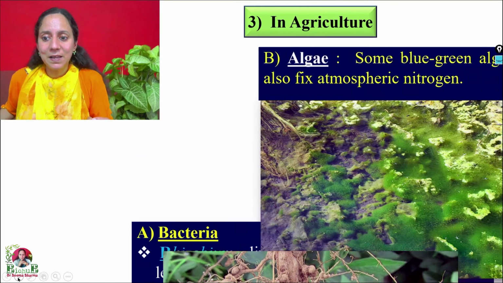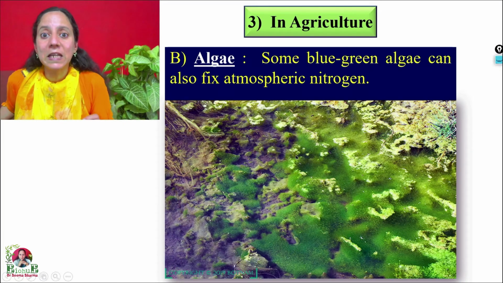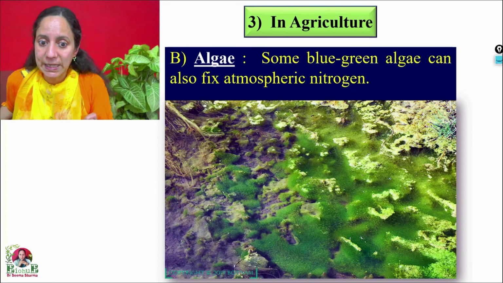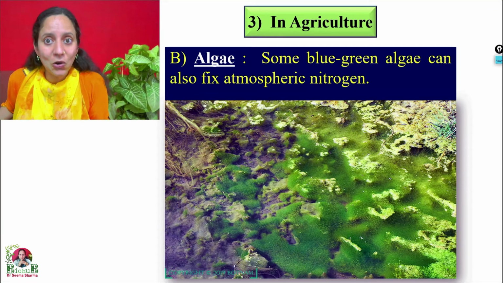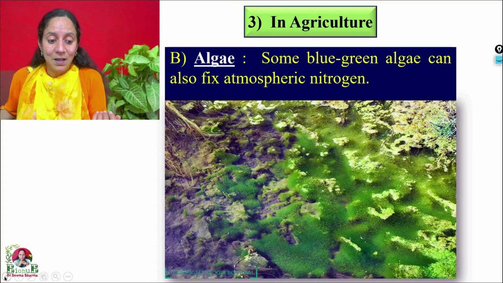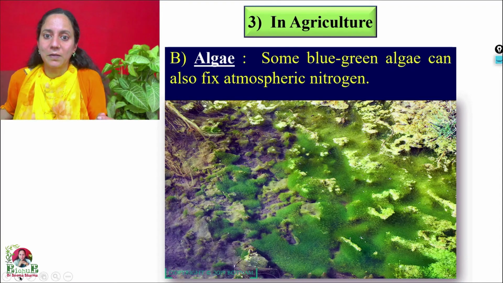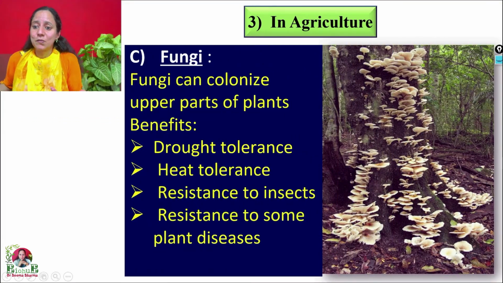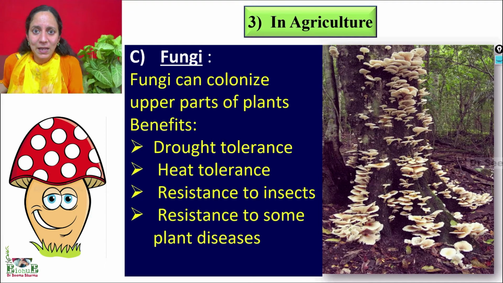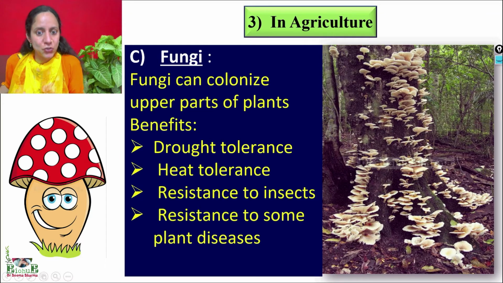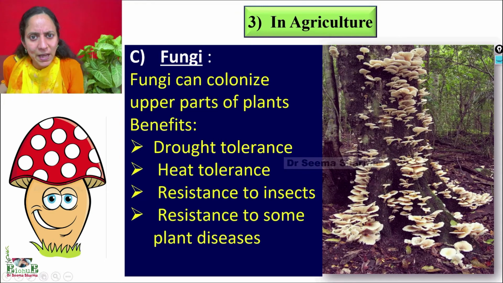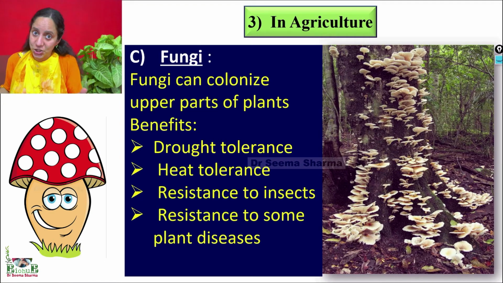Next is algae. We have one set of algae called blue-green algae. They can also fix atmospheric nitrogen and they also help in increasing the nitrogen content of the soil. Next, an interesting thing is fungi. They grow on dead decaying organic matter, but they are also very important in agriculture. They generally grow in groves in upper parts of the plants or bigger trees, and they give a number of indirect benefits to the plant on which they are growing.